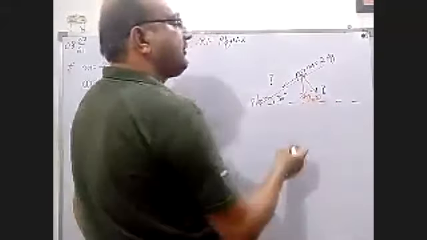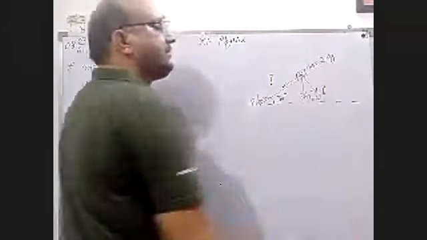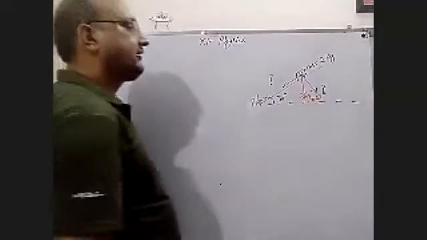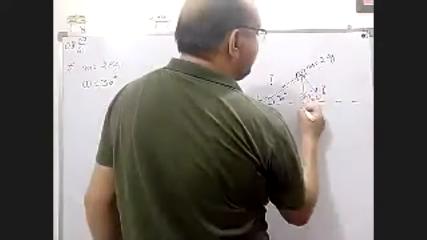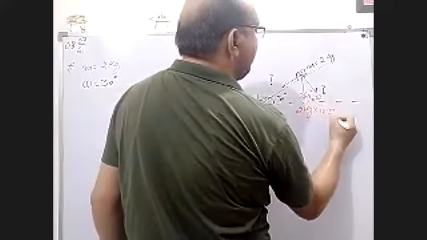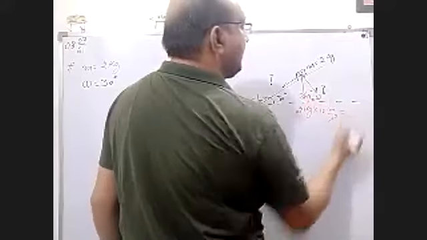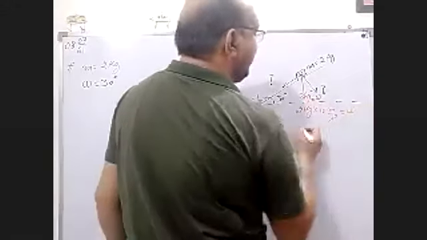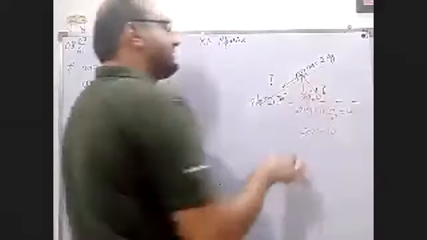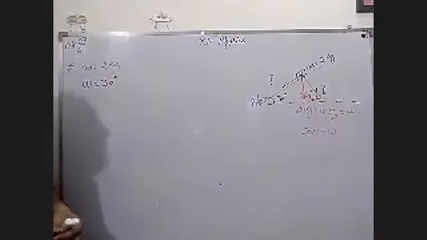This is the formula for weight: if we multiply mass with acceleration due to gravity, we can calculate weight. Here the mass is 2 kg, and you can take acceleration due to gravity as 10 meter per second square. In this way, 20 Newton is the weight, which is acting vertically downward. 30 degrees is the angle here.